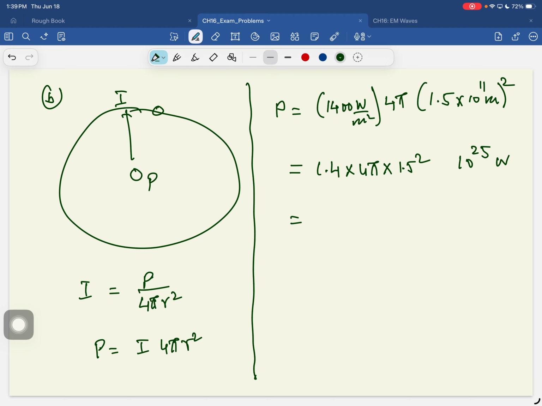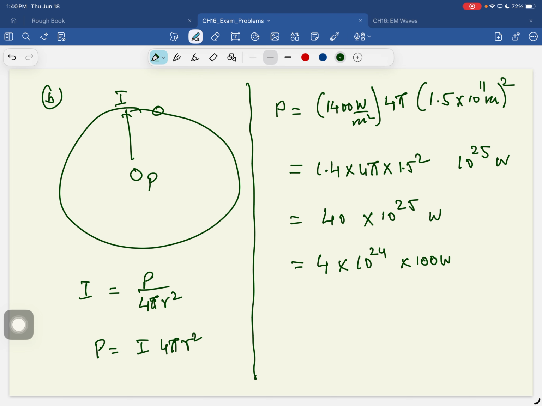If the orbiting satellite broadcasts uniformly over an area of that, how much power does it radiate? Okay, so that is the intensity you're getting at ground level from the satellite. And the area covered is 1.5 times 10 to the 13 meters squared.